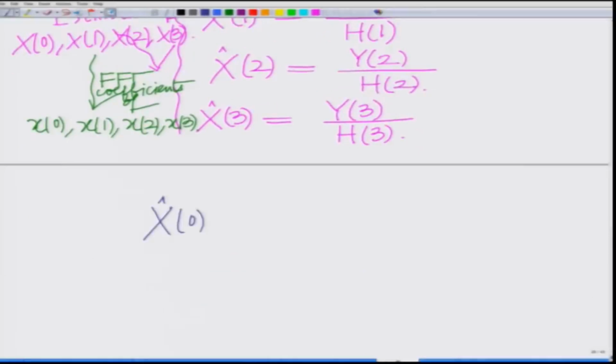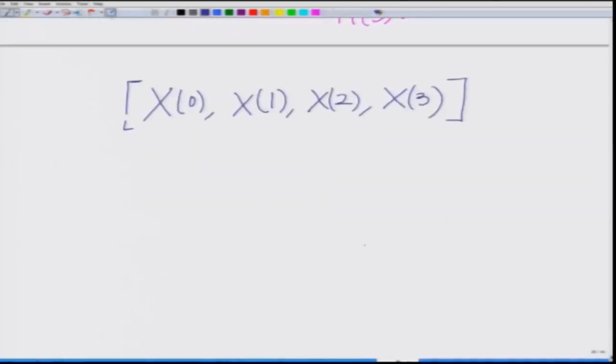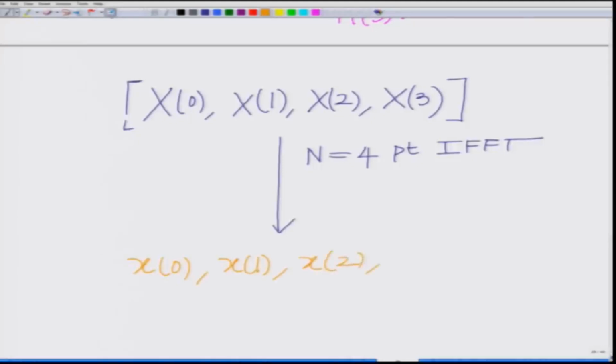That is, you take capital X0, capital X1, capital X2, capital X3, and if you perform the n equal to 4 point IFFT, you generate the symbols in the time domain, and the symbols in the time domain are basically your small x0, small x1, small x2, small x3.